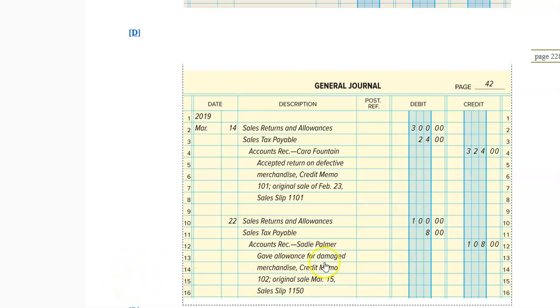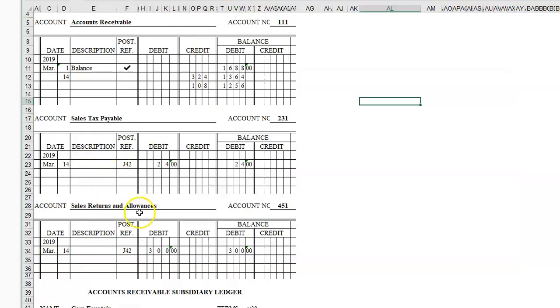So the sales tax payable gets 24, and then it gets 8. We've got the 24 in there. Somehow I left it in there before, but now we just remember to put the 8 in, leaving that 32.